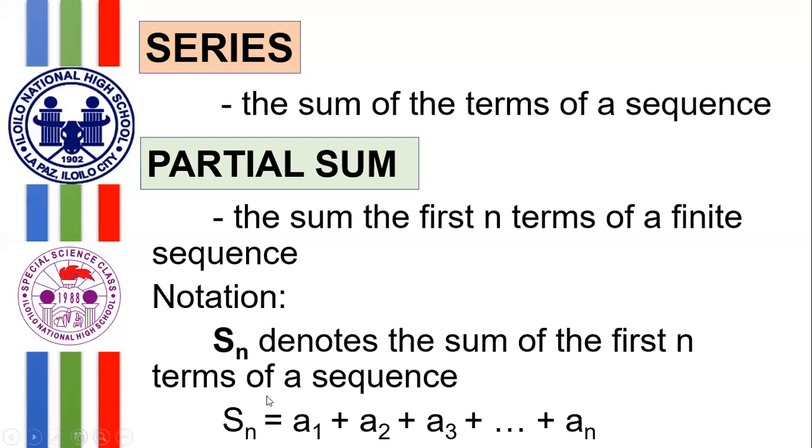That is, if I have here S sub n, and n here is a certain natural number, then this means that you have to add a sub 1, a sub 2, a sub 3, all the way until the last term, which is a sub n. So it's basically adding from a sub 1 until a sub n, where a sub 1 is your first term, and a sub n is your last term, or your nth term, respectively.